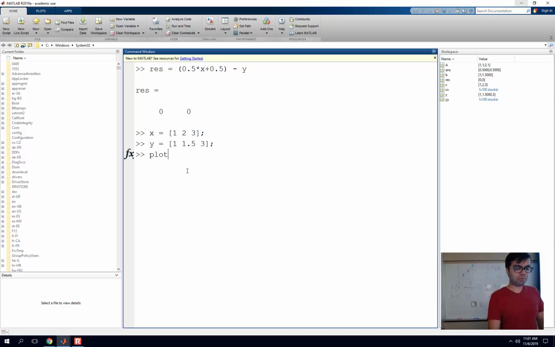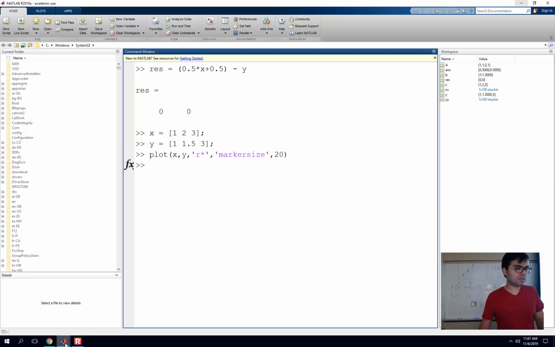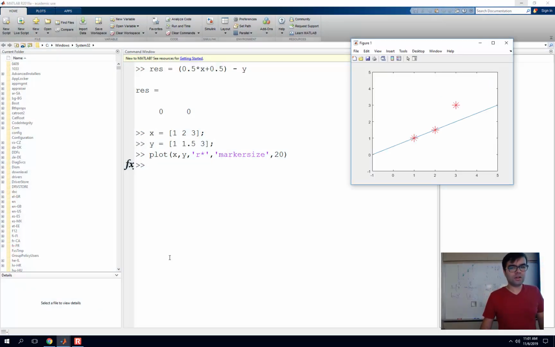So if I now plot x comma y with a red star, red asterisk, what you see here is that my previous line doesn't go through the third point, which was already discussed. Now, using the new method, we want to fit a line that goes in between these 3 points.